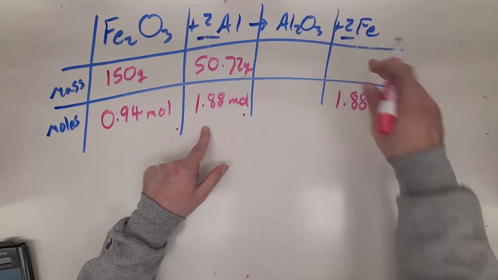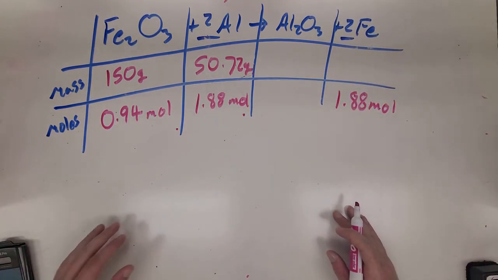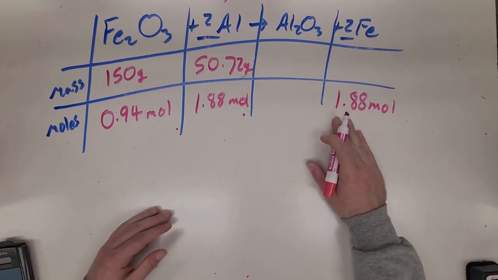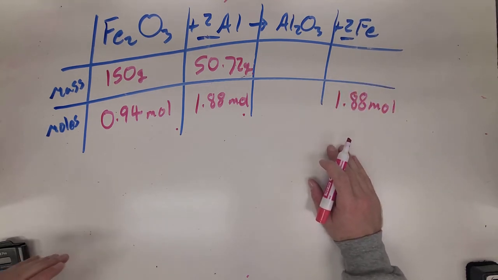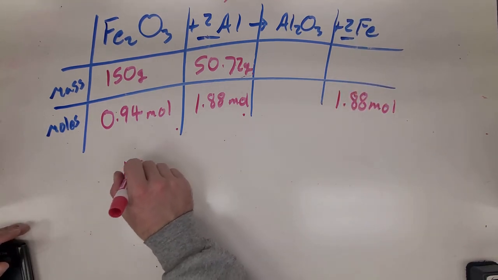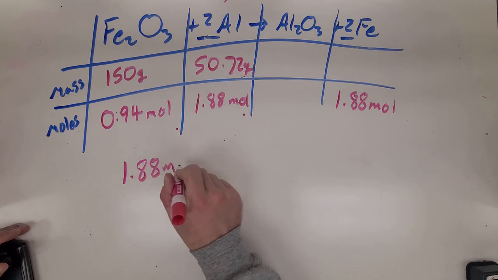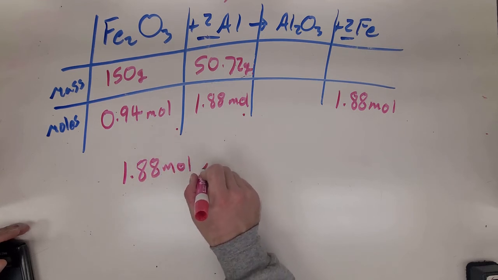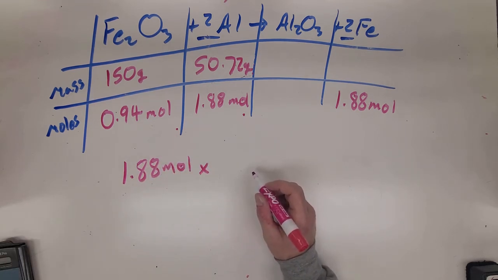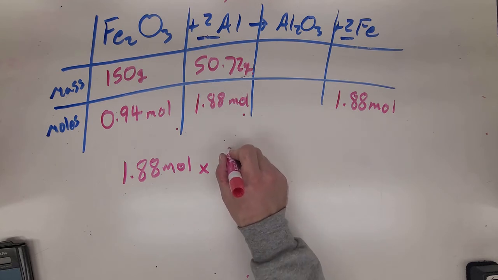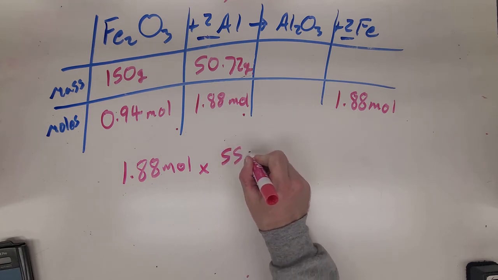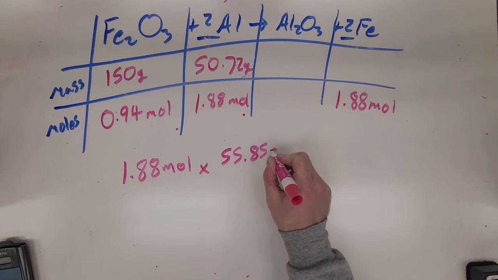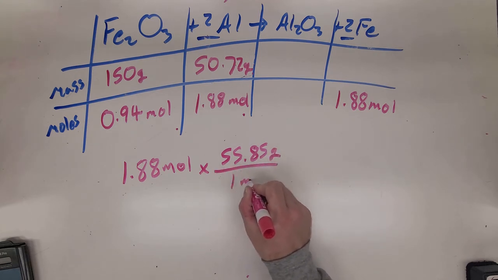And then if we wanted to figure out the mass of iron, we would just take the molar mass and multiply it by that. So let's see here. We got 1.88 moles of iron. The molar mass of iron is 55.85 grams per 1 mole.